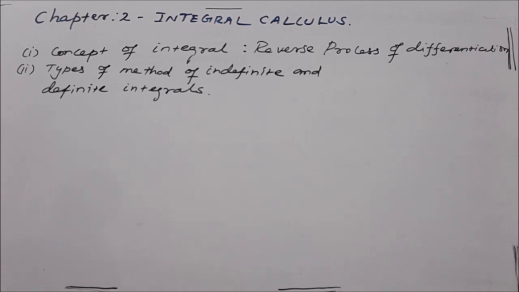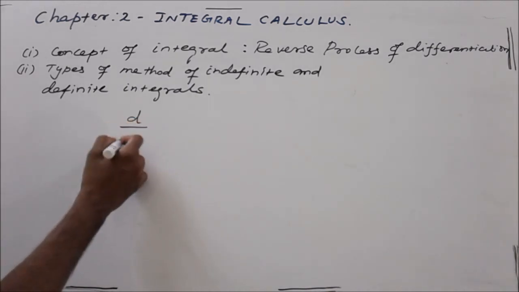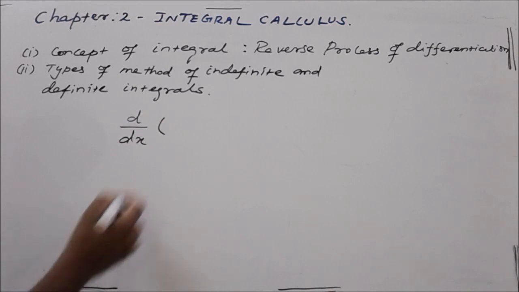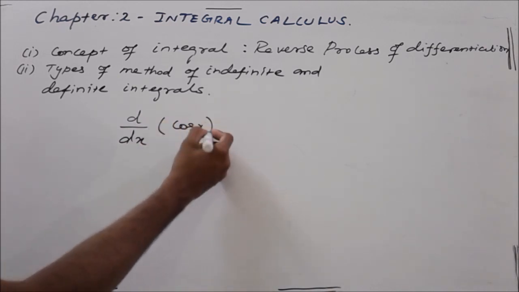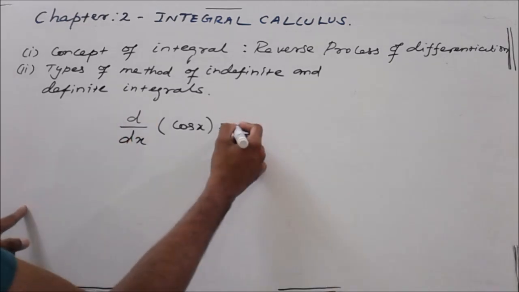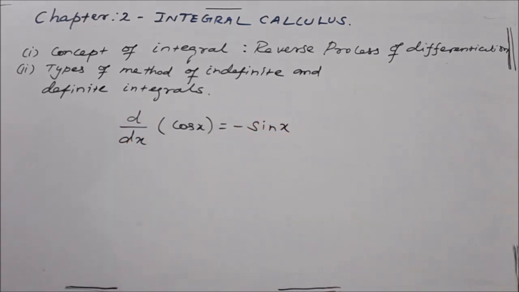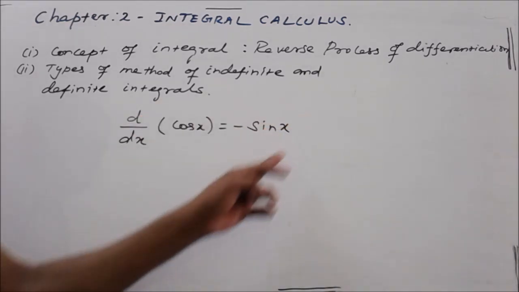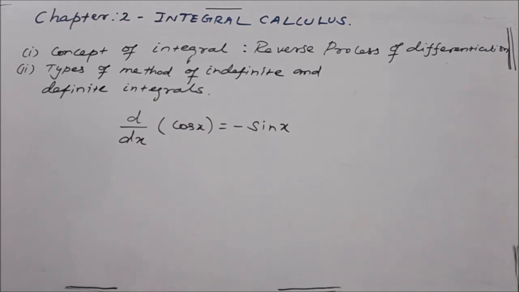The concept of integral is the reverse process of differentiation. For example, d by dx of cos x is equal to the derivative of cos x, that is minus sin x. We have learned this already. Just recollect the formulas I will give you. Here d by dx of cos x is equal to minus sin x.